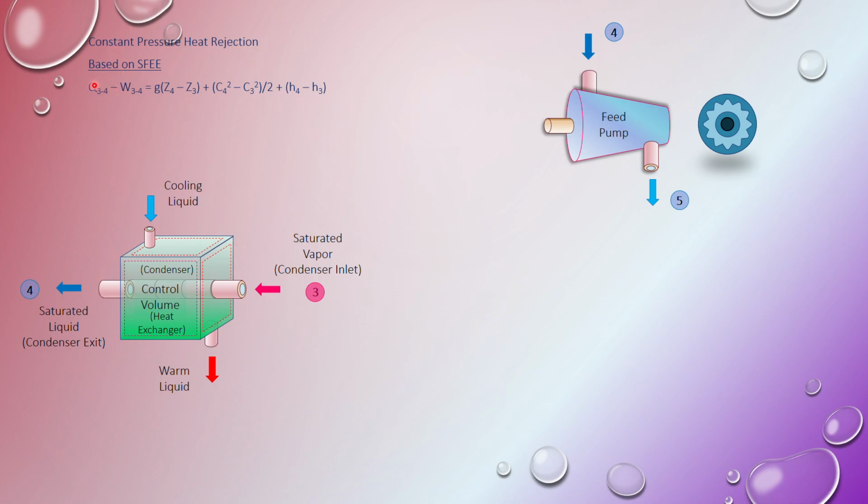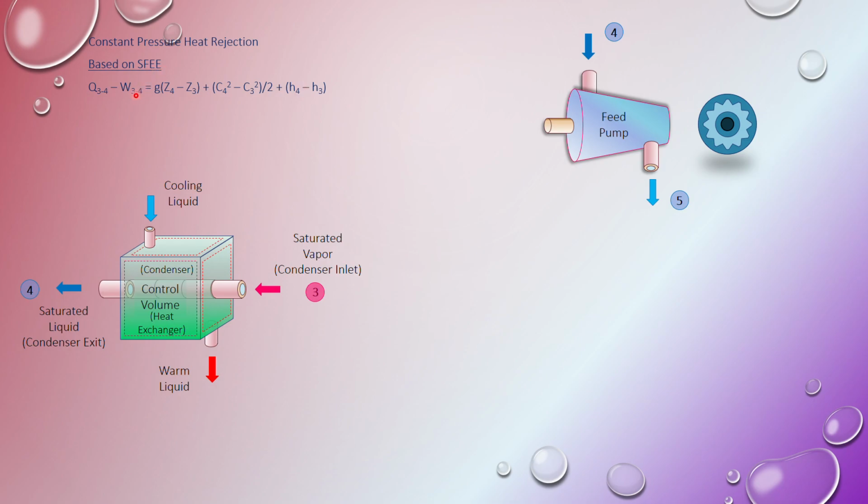So Q3 to 4, that is the heat rejected, minus the work 3 to 4, which will be neglected, equals the change in specific potential energy, exit minus inlet, plus the specific kinetic energy, exit minus inlet, plus the enthalpy change, exit minus inlet.